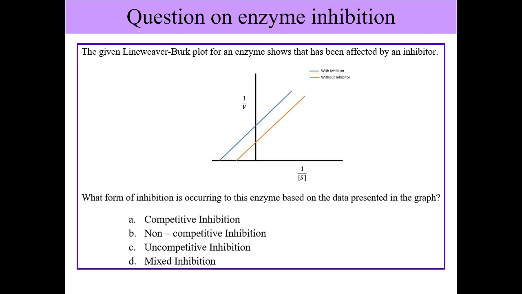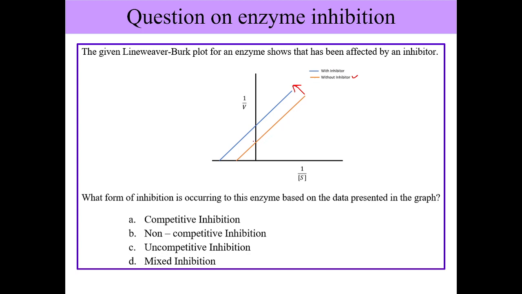In the next question, this is a question given on the Lineweaver-Burk plot for an enzyme, and it is showing you two different plots, two different lines. One is for without inhibitor, and then there is a shift when the inhibitor has been added, right?